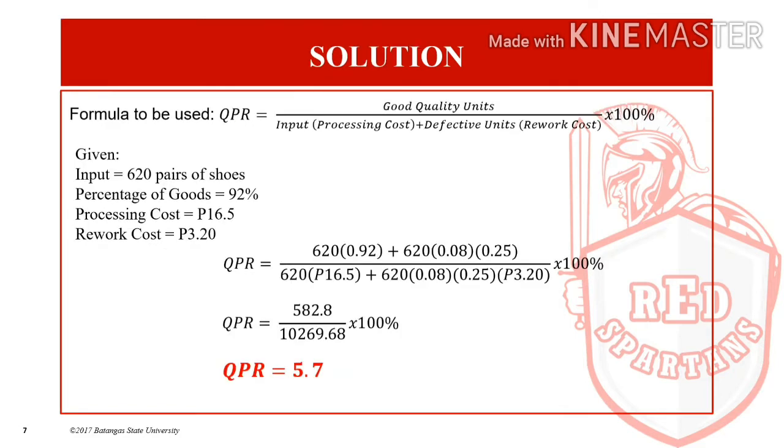We just substitute again in the QPR formula, where our input is the previous 620 pairs of shoes, not the one we used in question number 2. So 620 times 0.92 plus 620 times 0.08 times 0.25, but with a processing cost of 16.5 and a rework cost of 3.20. The QPR that comes out is 5.7%.